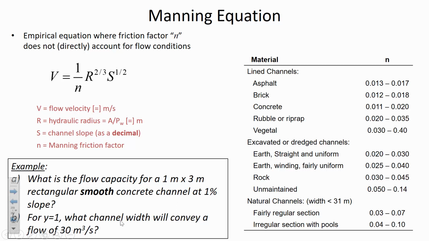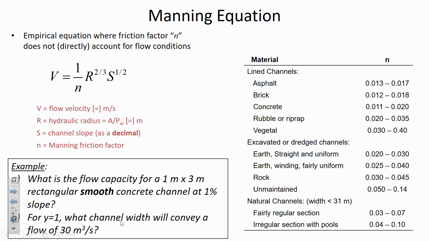So the area is going to be, if the typical variable that we use for the bottom width is lowercase b, 1 meter high by b meters wide. So we'll just call that b. And then the wetted perimeter in this example is going to be 1 meter on the right, 1 meter on the left, and so it is 2 plus b.